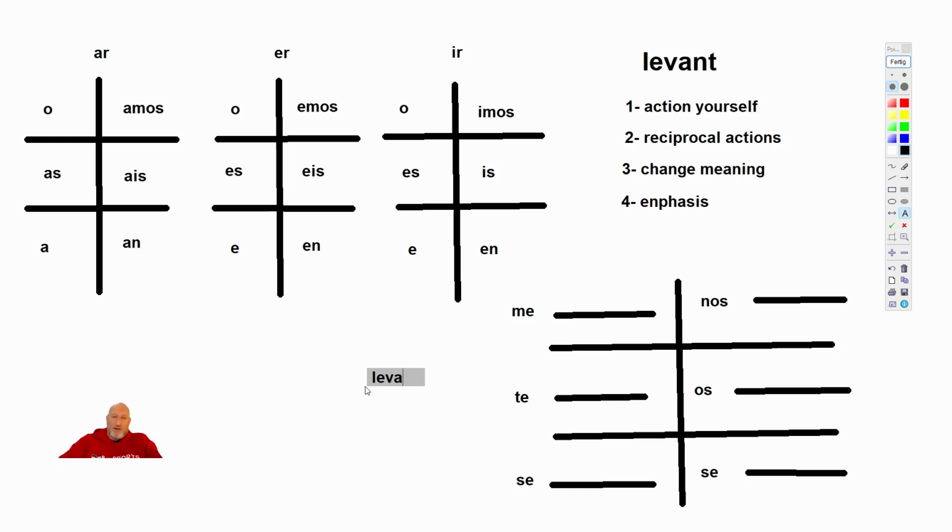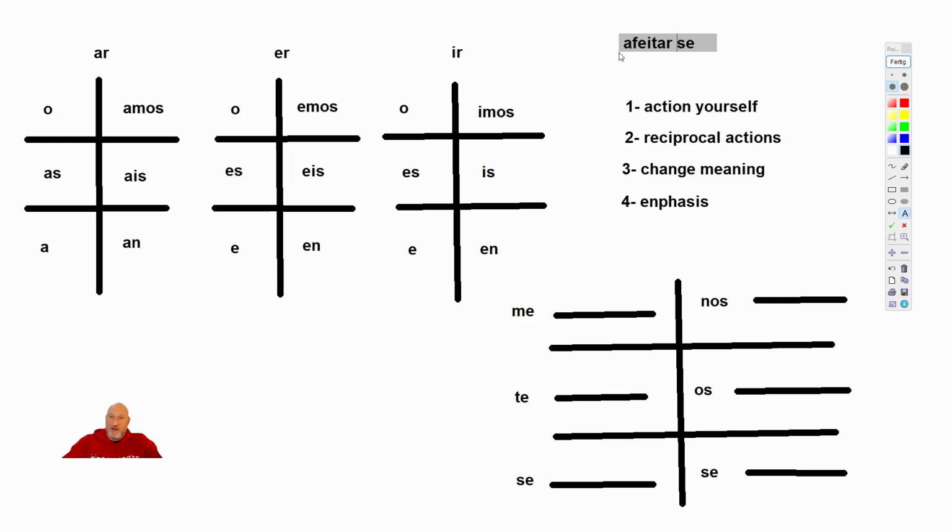Let me give you another one. For example, the verb afeitarse. The verb afeitar is the verb to shave the beard. But how do I express that I'm not shaving someone's beard, that I'm shaving myself, I'm shaving my own beard?